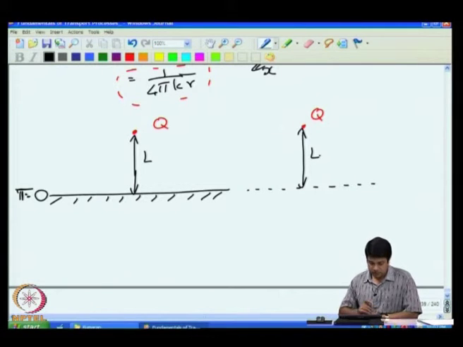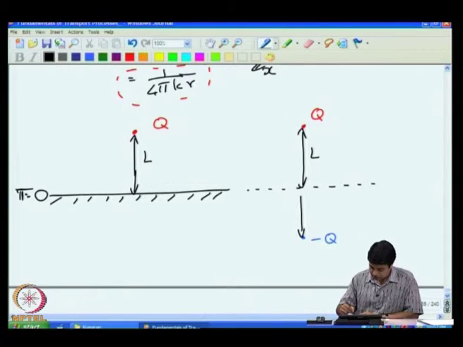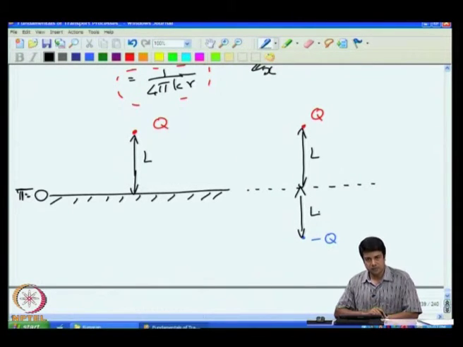However, I also have a sink minus q, also at a distance L, but below the surface. The perpendicular distance of the source is L above the surface, perpendicular distance of the sink is L below the surface.